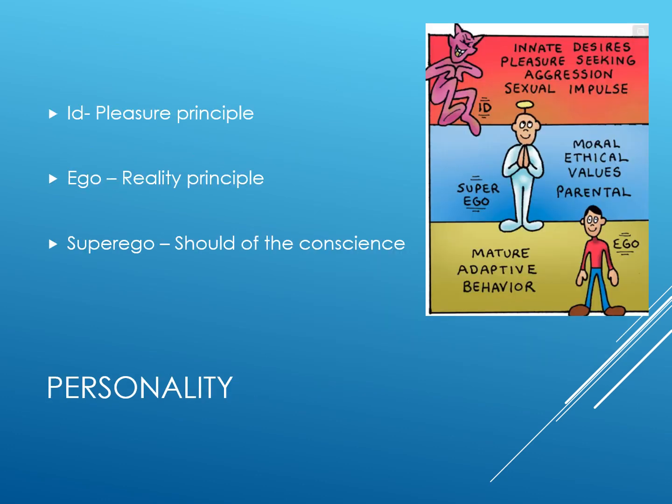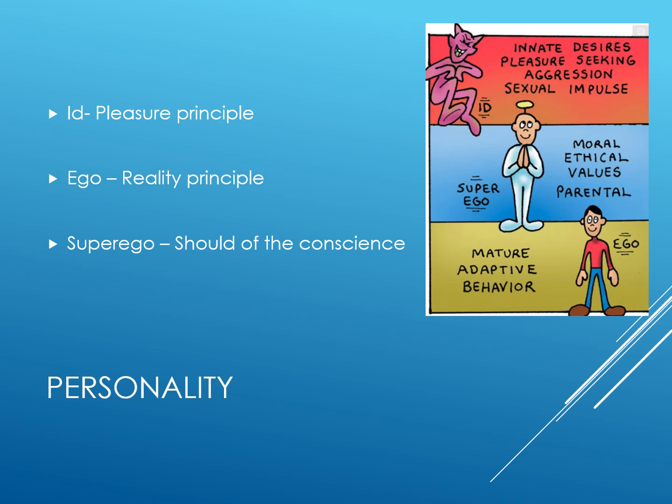According to Sigmund Freud, a human's personality is composed of three different components: the id, the ego, and superego. The id is the part of one's nature that reflects basic innate desires such as pleasure seeking behaviors, aggression, and sexual impulses. The id seeks instant gratification. The superego is a part of a person's nature that reflects moral and ethical concepts, values, and parental and social expectations.